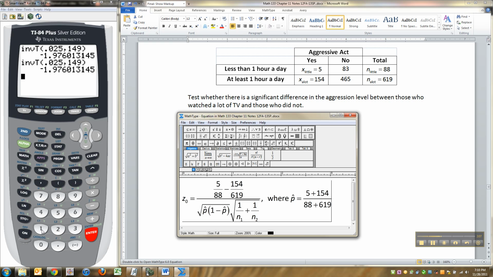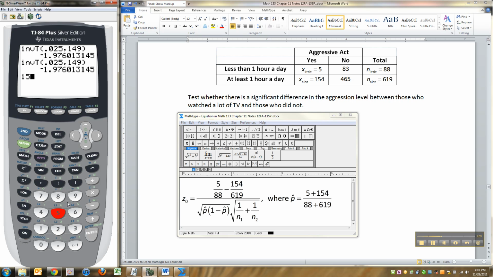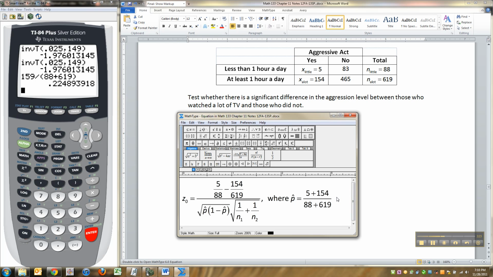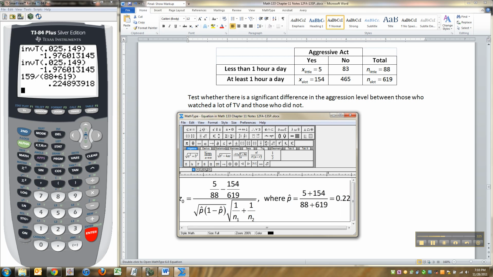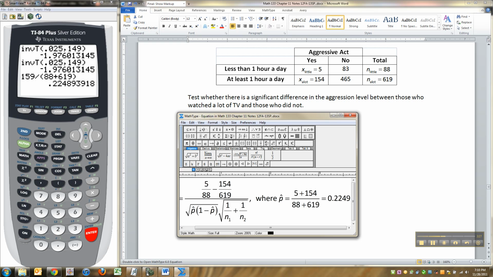Over here, it's 159 divided by 88 plus 619. I'll add that up in parentheses, that way it'll do it perfectly. Divide. There we go. So it's equal to 0.2249.